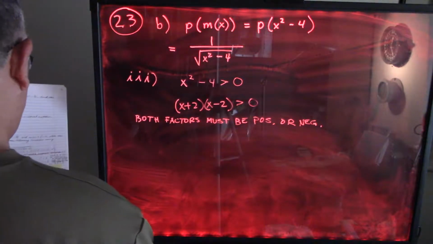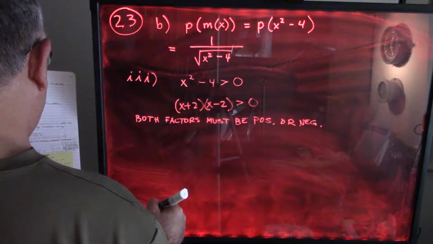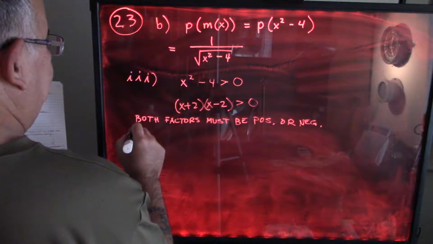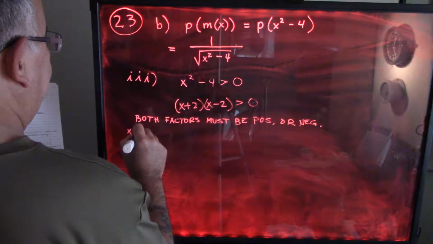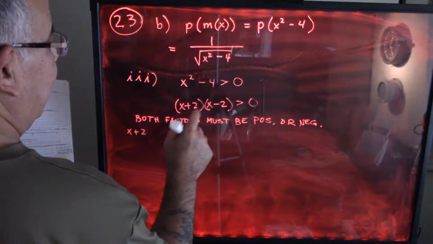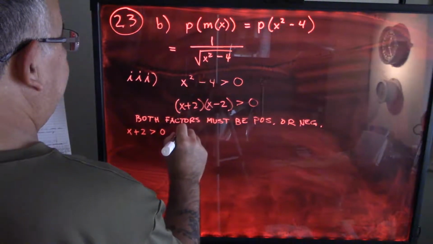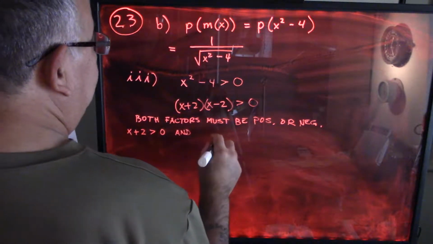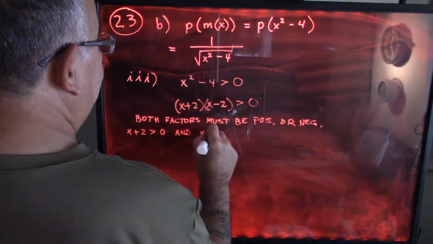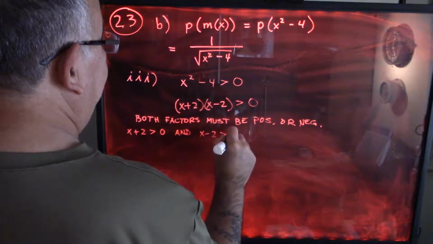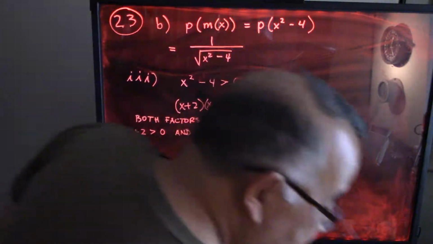Okay. What does that mean? That means x plus 2 must be greater than 0. Let's say they're both positive. And x minus 2 must be greater than 0. Now note I didn't put or, I put and.